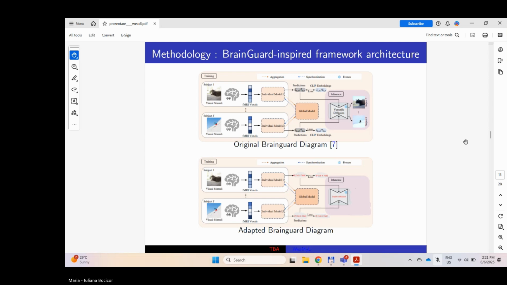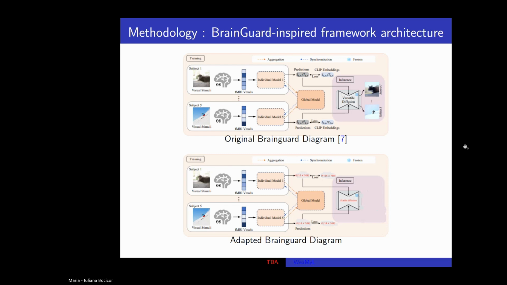And here is the BrainGuard inspired framework. This is really similar to the original BrainGuard framework, except that we made three major changes. We replaced the CLIP embeddings with IP adapter obtained embeddings. And we also replaced versatile diffusion with stable diffusion.